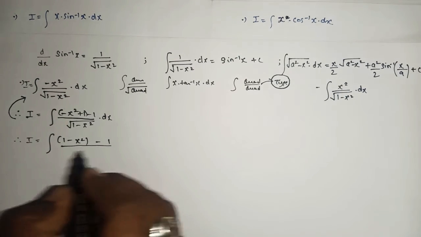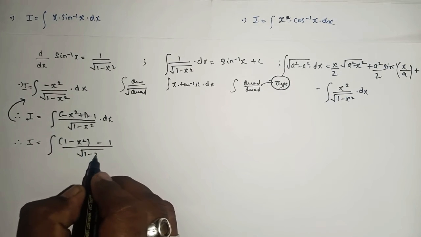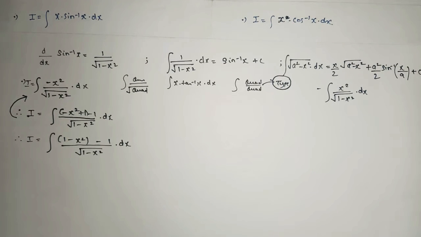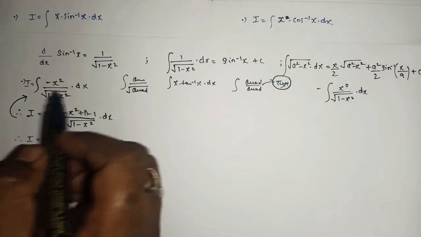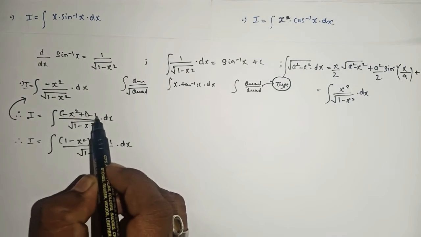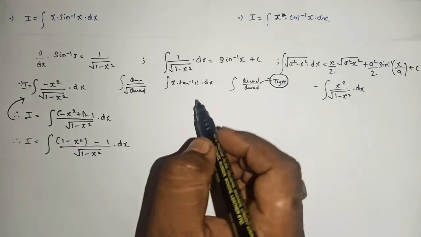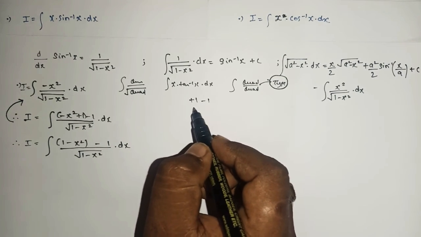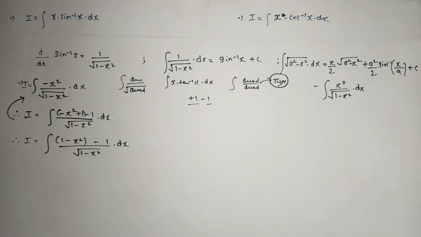And root 1 minus x square into dx. So remember, whenever you come across quadratic upon quadratic, you have to do this adjustment for the numerator: simply plus 1 and minus 1, then separate and then integrate the sum. Got the point?